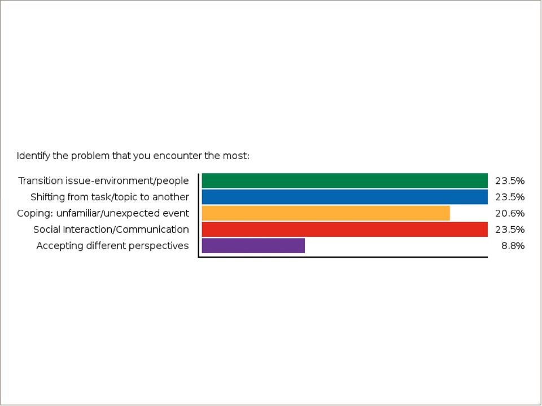Especially when it comes to unfamiliar and unexpected events, and social communication too. And when I talk about accepting different perspectives, it is possible that many of you may not have come across this, especially if you're working with students with the most significant cognitive difficulties, and the opportunity may not have arisen.